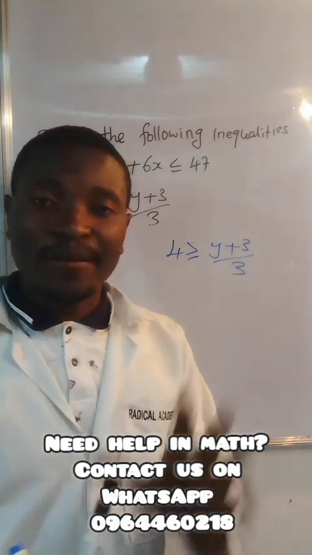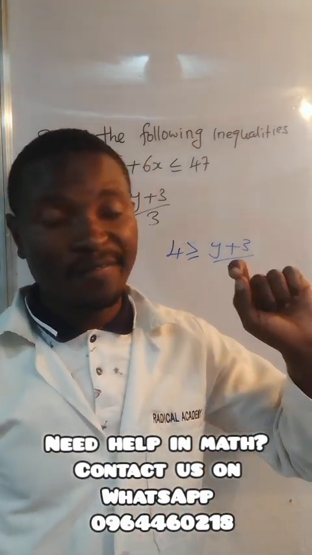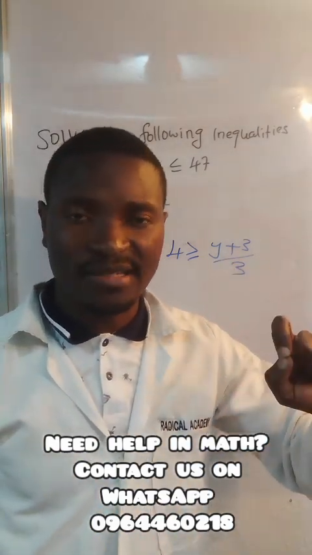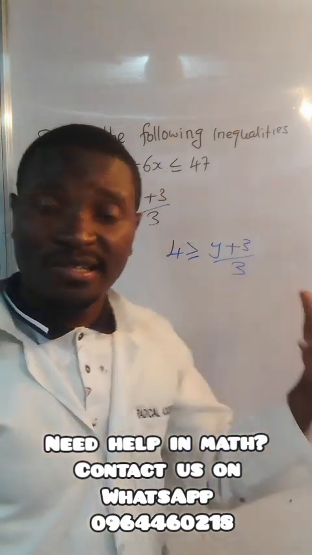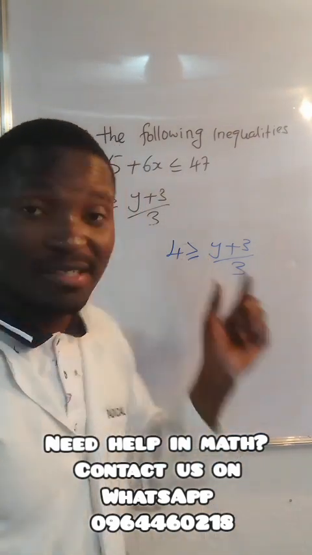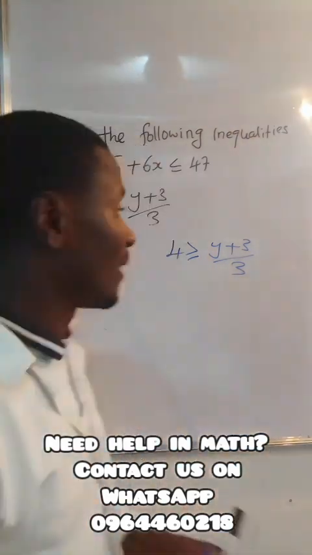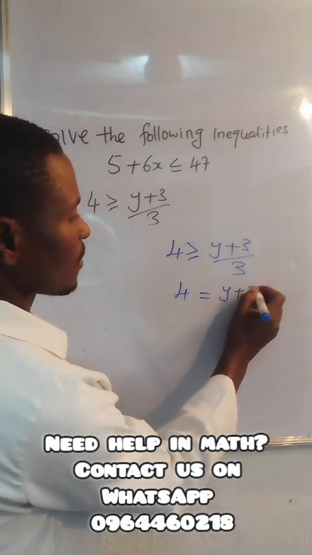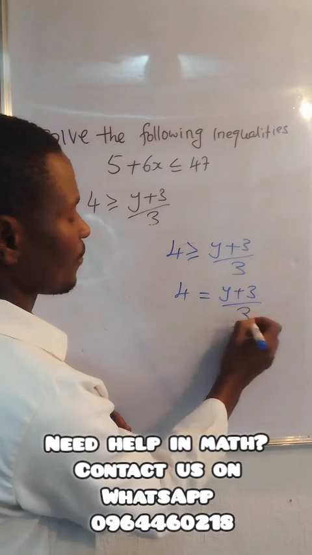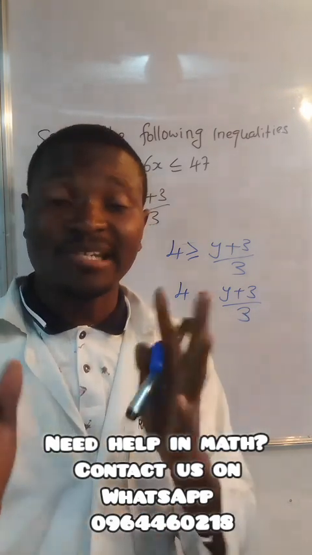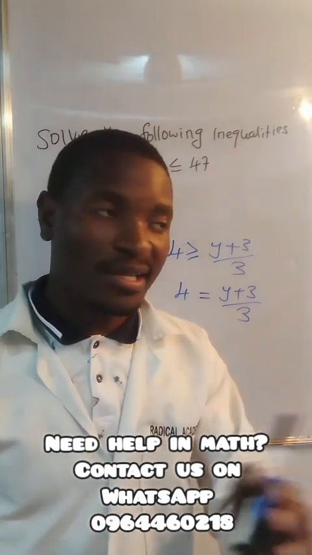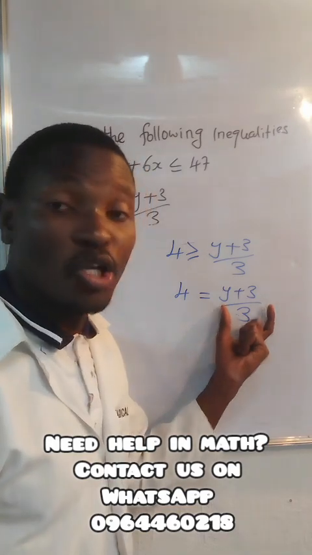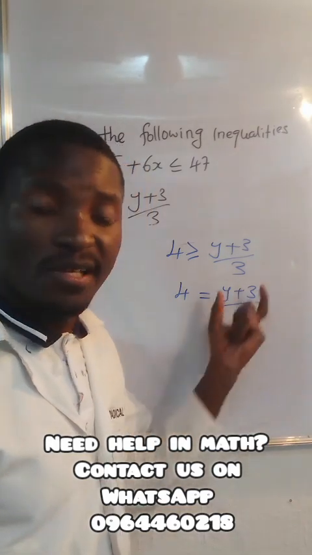Some of the things that we have learned is that if you are dealing with an inequality, the best thing is first to change it into an equal sign. That's step number 1: 4 equals (y plus 3) over 3. The second step: the right side is a fractional part.